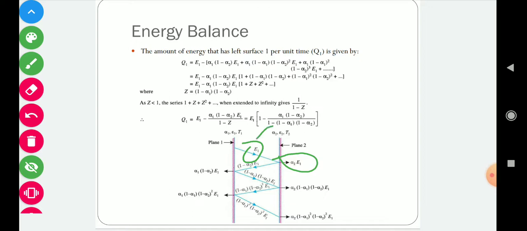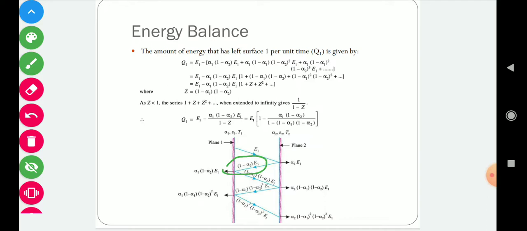this is the incident radiation, and if we multiply it by its absorptivity, it will give you the total amount of energy absorbed by the surface. So alpha 2 E1 will be the amount of energy absorbed by surface 2, and the remaining energy will be reflected back to surface 1.